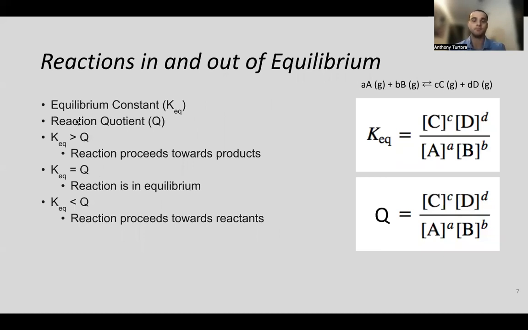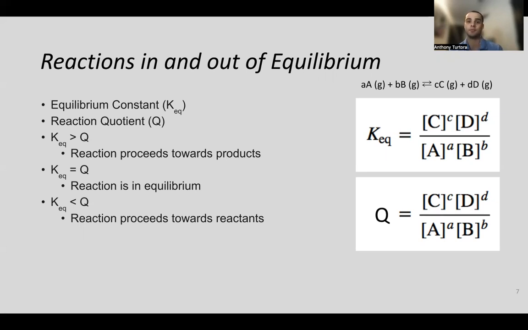So now talking about reactions in equilibrium and maybe not in equilibrium, we have our equilibrium constant expression here. So that is our KEQ. We see KEQ here, the equation for it, which is the concentration of our products over the concentration of our reactants.